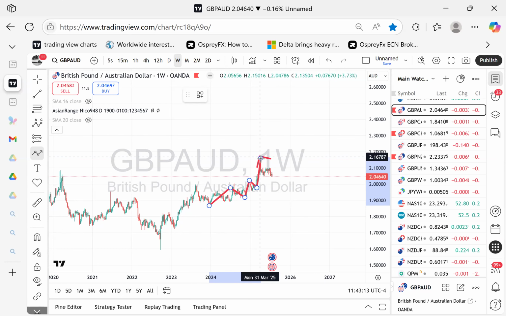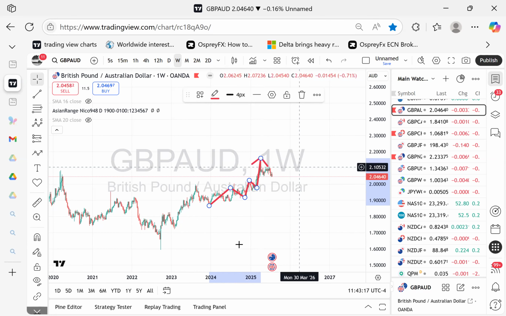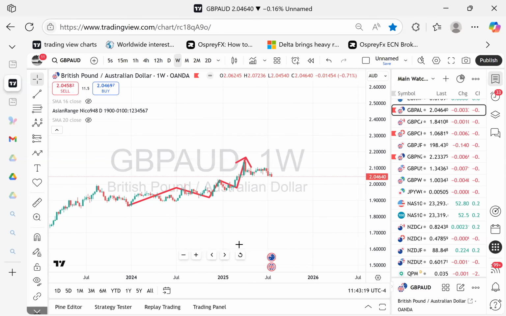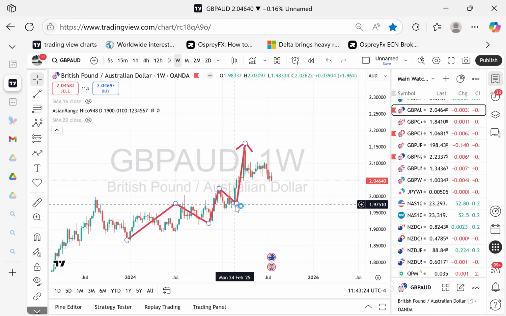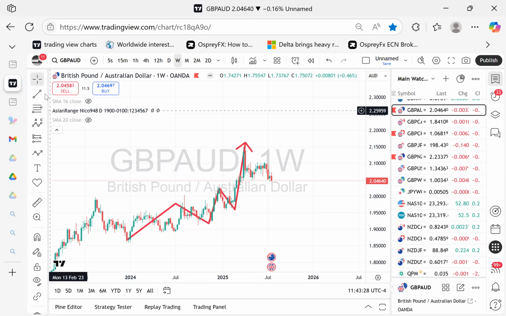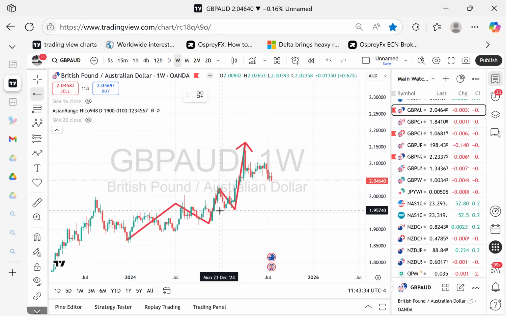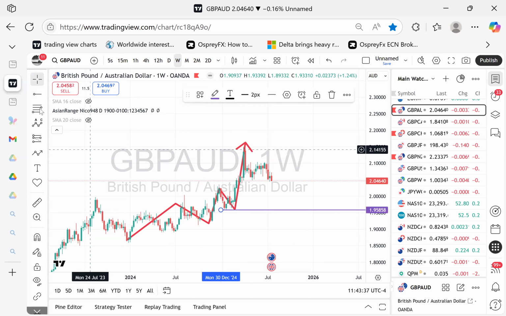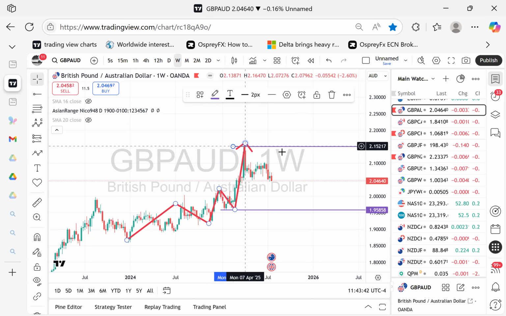So by looking at this chart, this is your swing low, right? And this is your swing high. Do you agree with that? Yeah.